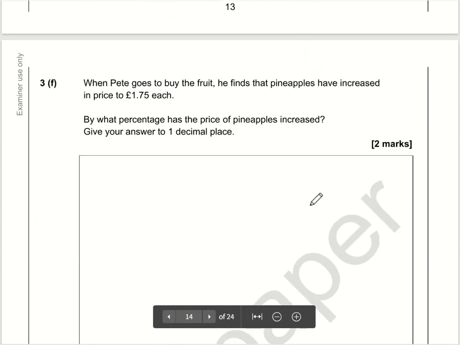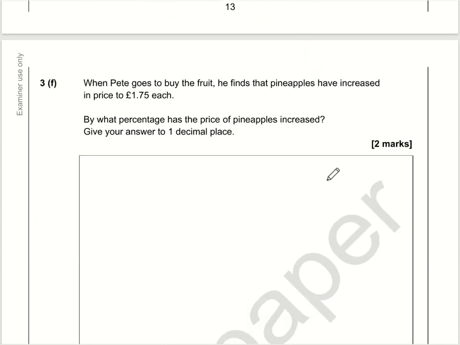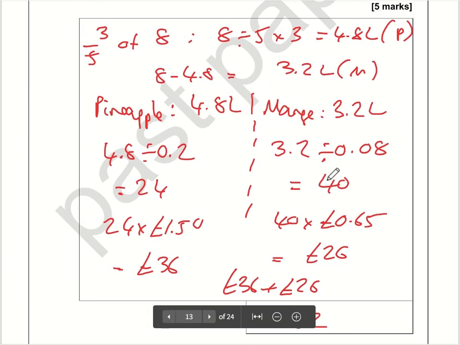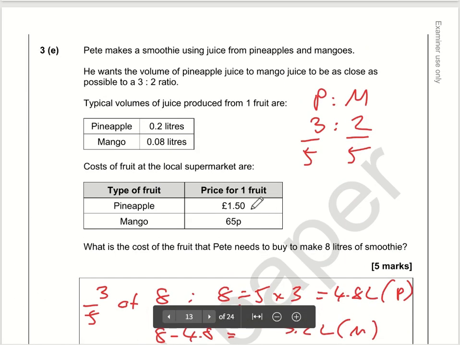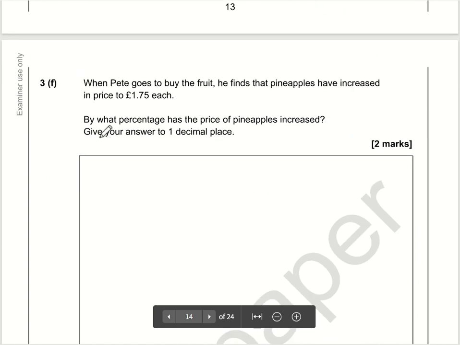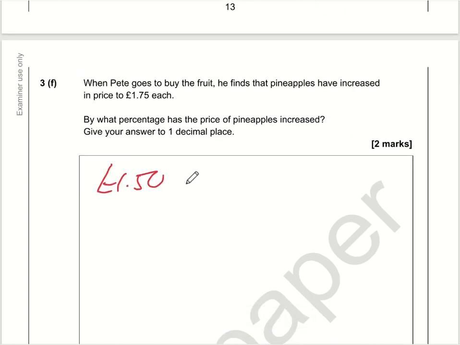Okay, when Pete goes to buy the fruit, he finds that the pineapples have increased to £1.75. Well, what were they before? They were £1.50. So it's gone up from £1.50 to £1.75. So it's gone up by 25 pence, so £0.25. Okay, so what percentage has it increased by?